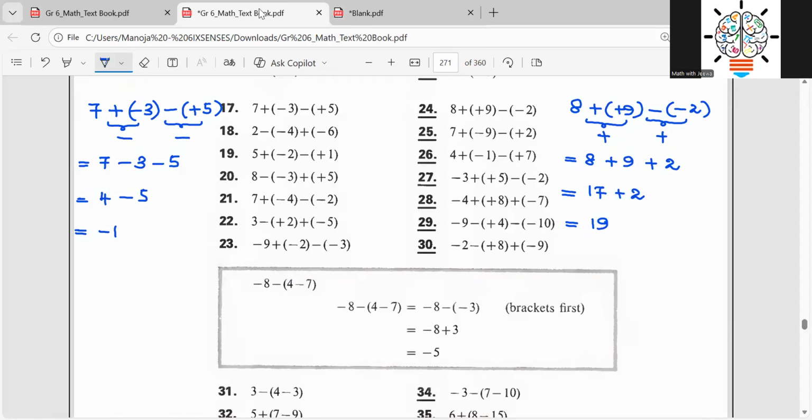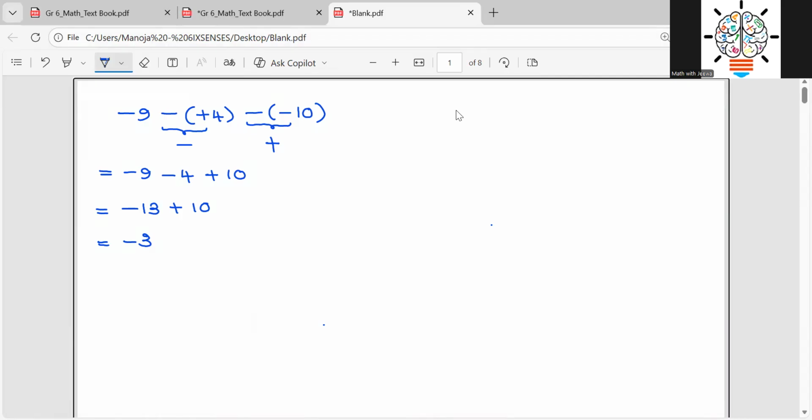I'll take the 30th one. -2, negative, positive 8, negative, positive 8, positive, positive. Then positive, negative, it is negative.